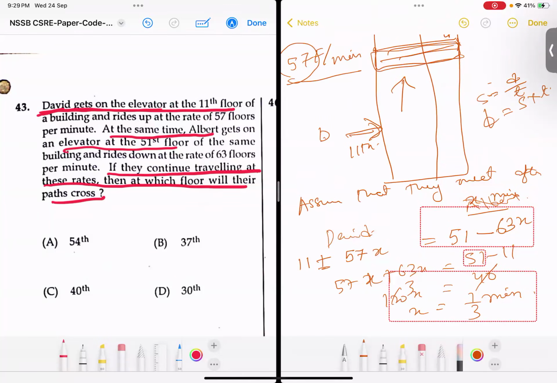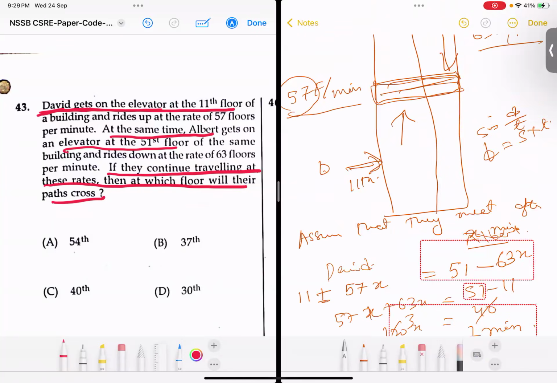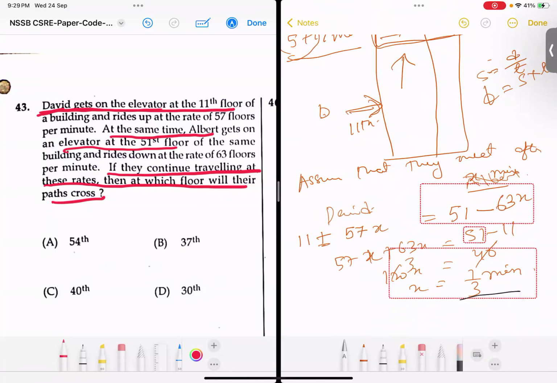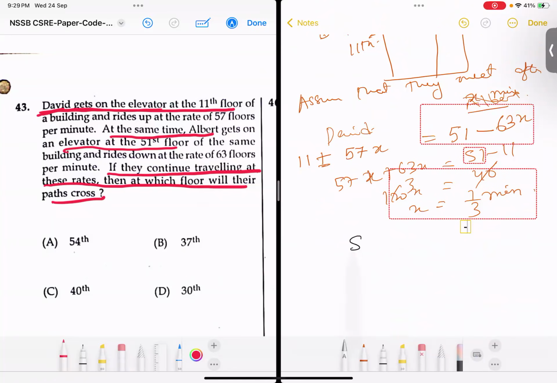Again, let's come here. The speed that David is traveling is 57 floors per minute, right? And he is traveling for a time of 1/3 of a minute.